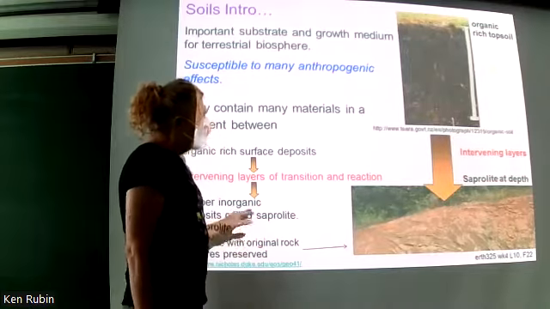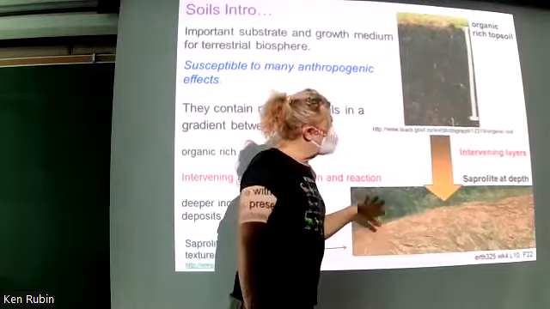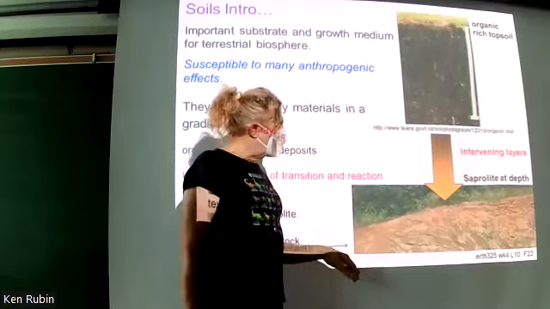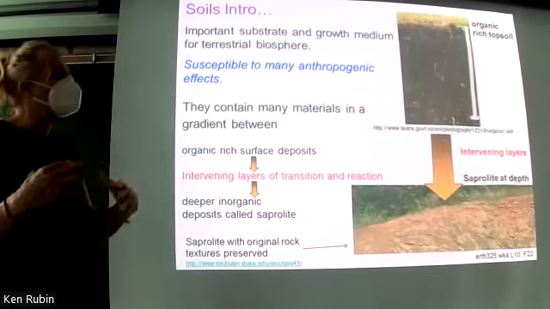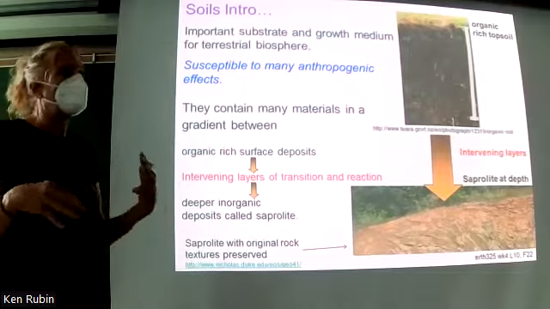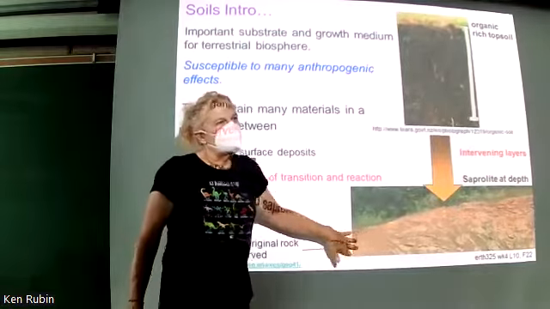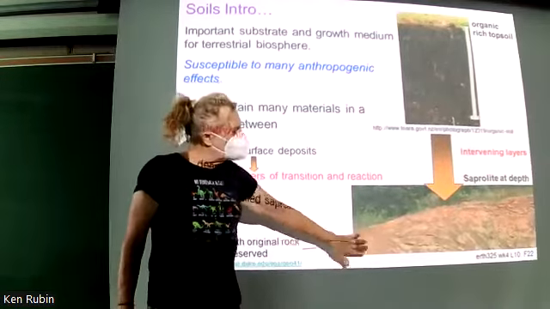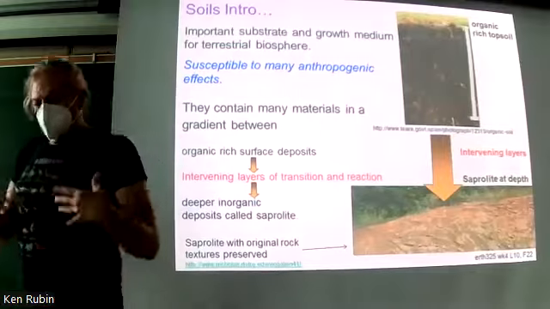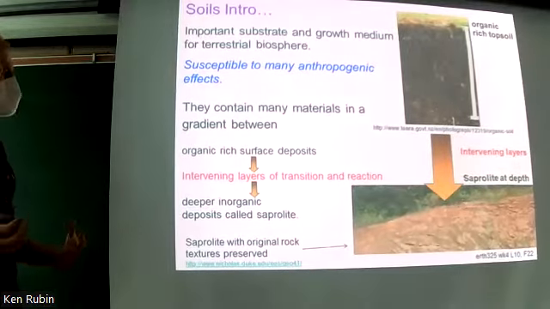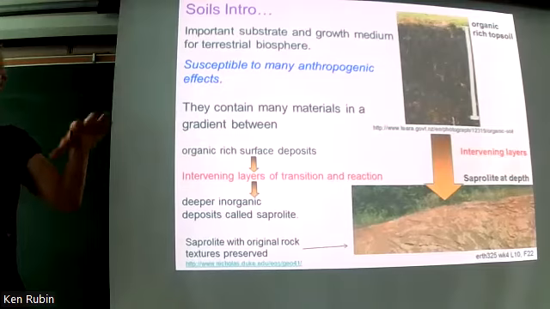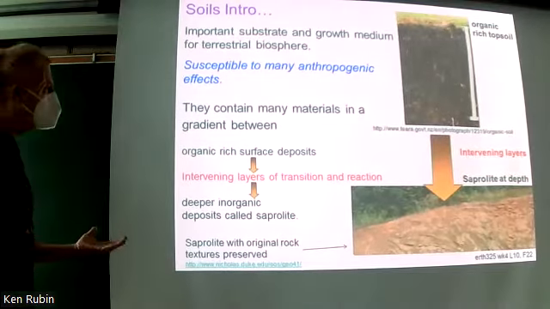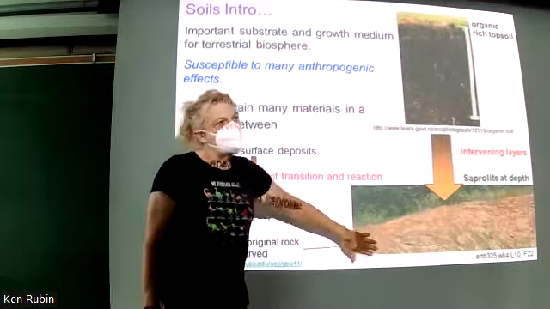But the one thing that's important about this saprolite is that if we're to look anywhere in the soil zone to say, well, we want to know something about the rock that this soil formed on, this is where we get that information most straightforwardly. Because this is the least water soluble component of the weathering products of the breakdown of the parent rock, meaning the stuff the soil is sitting on, and it accumulates down here.